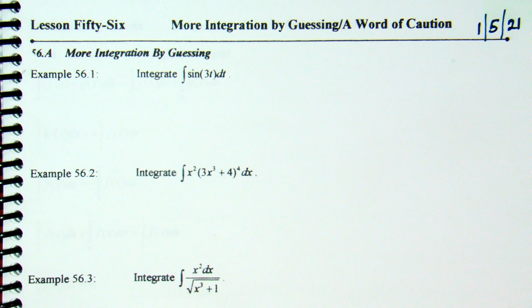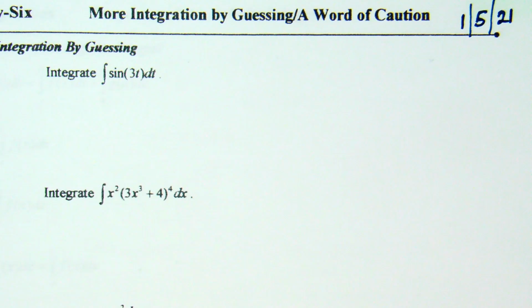Looking at example 1, we are being asked to integrate the integral of sine of 3t dt. So it's integration by guessing. If you had to guess, what's the integral of sine of something? Negative cosine of something, right?